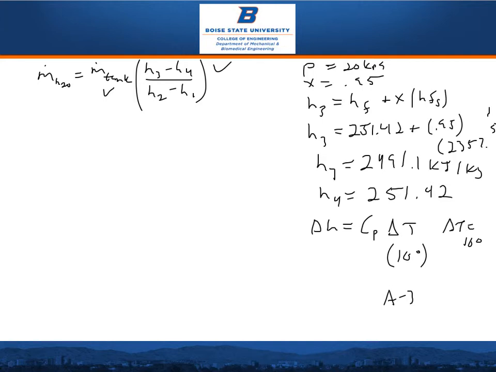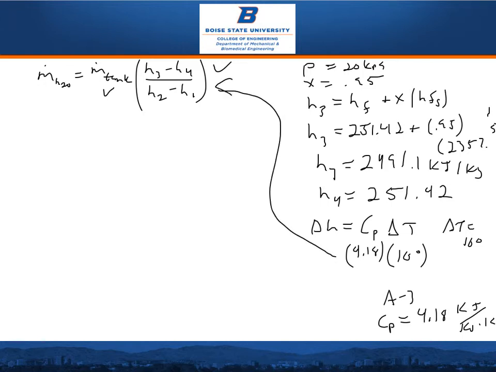We're going to go with the one at 25 degrees Celsius since that's approximately air temperature. So our Cp value is equal to 4.18 kilojoules per kilogram Kelvin. So now we've got 4.18 times 10, which we can sub right back into that part.